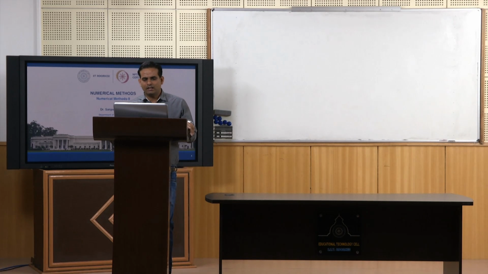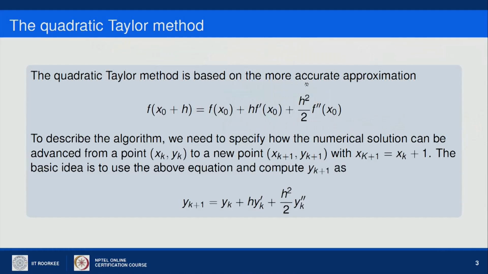The quadratic Taylor method is based on a more accurate approximation, that is the approximation up to the second order derivative. Like in Euler's method we have taken only up to the first order derivative, but here we are taking up to the second order derivative.